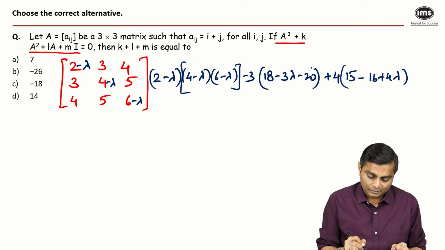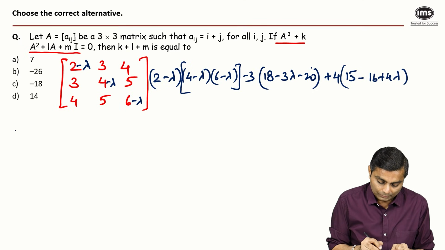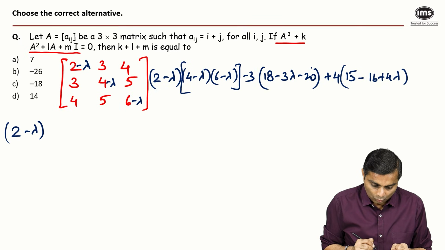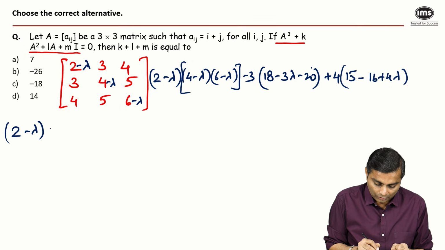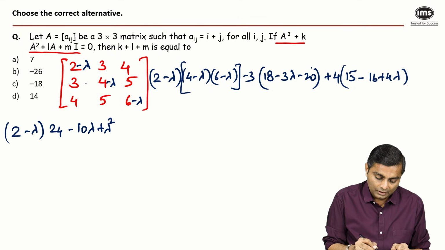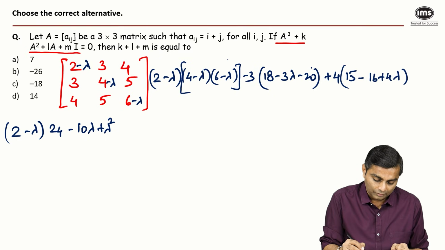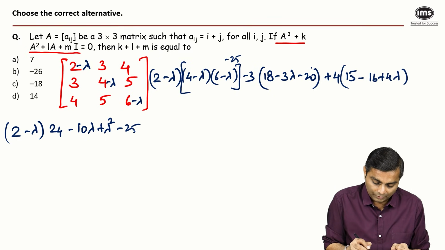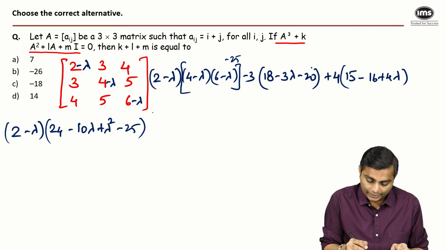4 minus lambda and 6 minus lambda, so I'm just going to keep 2 minus lambda out for now. I'll have 24 minus 10 lambda plus lambda squared, and yes, I forgot a 5 into 5 there. So, 25 minus 25 there.